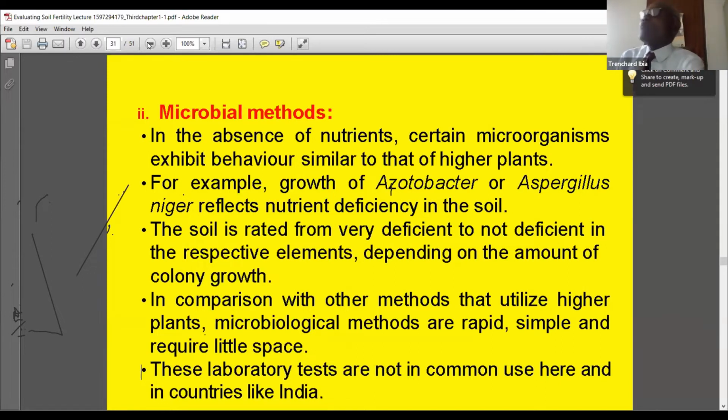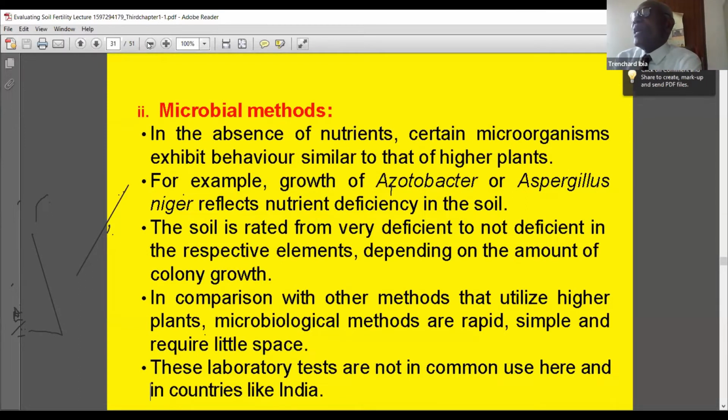The fourth aspect of soil fertility evaluation is observing symptoms on plants. And we observe symptoms and try to relate those symptoms to nutrient deficiency, which are different from symptoms that are biological or symptoms that arise from insects or from any other source.